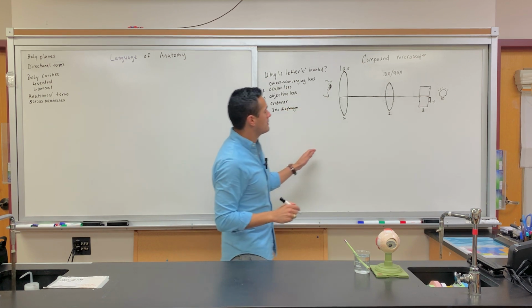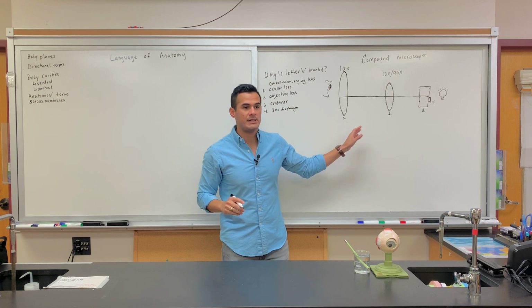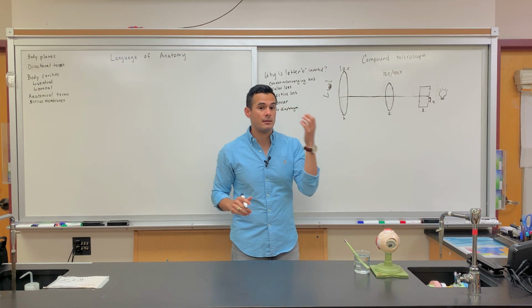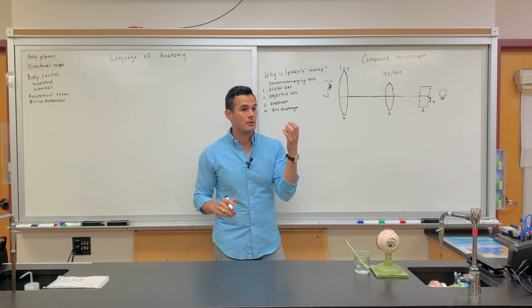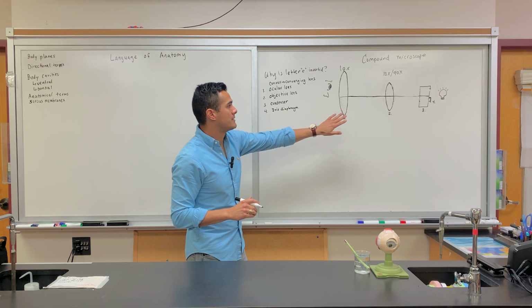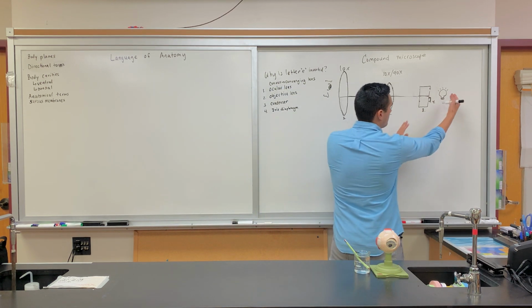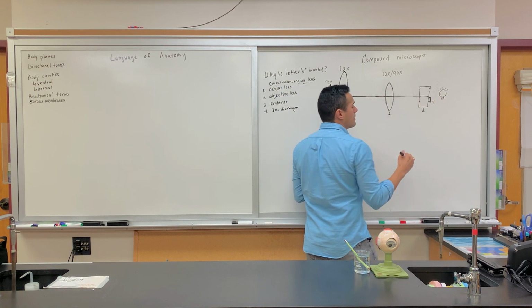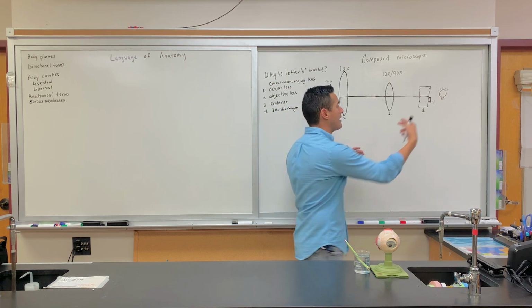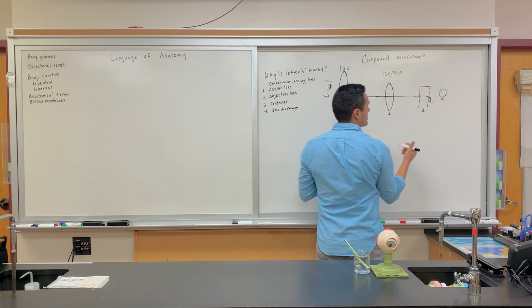All right. So what I want to show you is the similarities between the microscope and then the eyeball itself. Okay? So here on this schematic, coming from this light source, so light travels in, they're called parallel rays. Okay, so they're traveling in this direction.